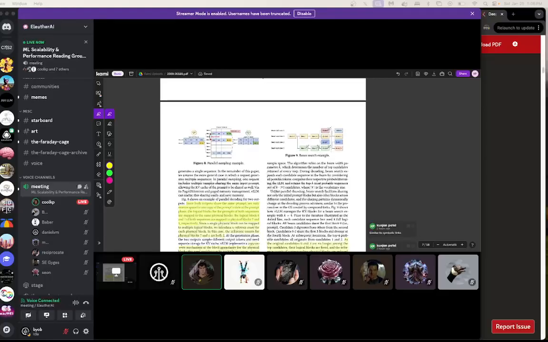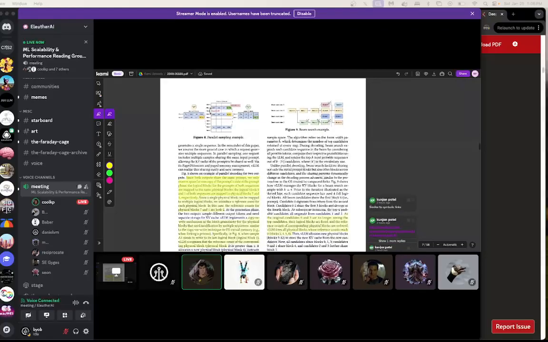The algorithm relies on the beam width parameter k, which determines the number of top candidates retained at every step. During decoding, beam search expands each candidate sequence in the beam by considering all possible tokens, computes their respective probabilities using the LLM, and retains the top k most probable sequences out of k times v candidates, where v is the vocabulary size.